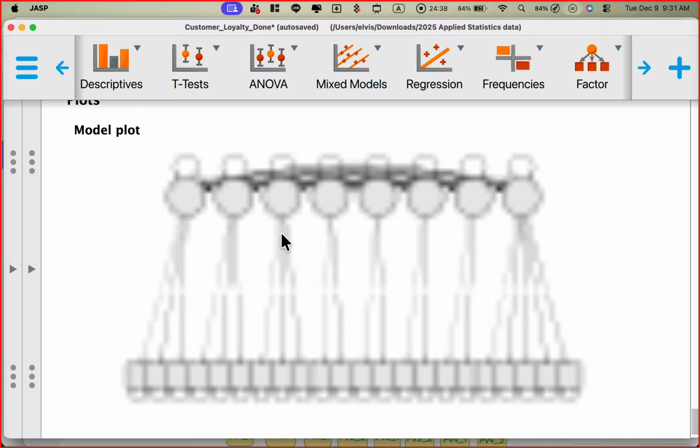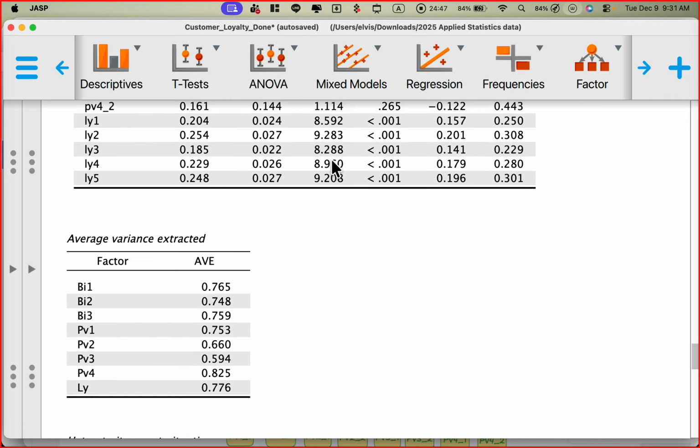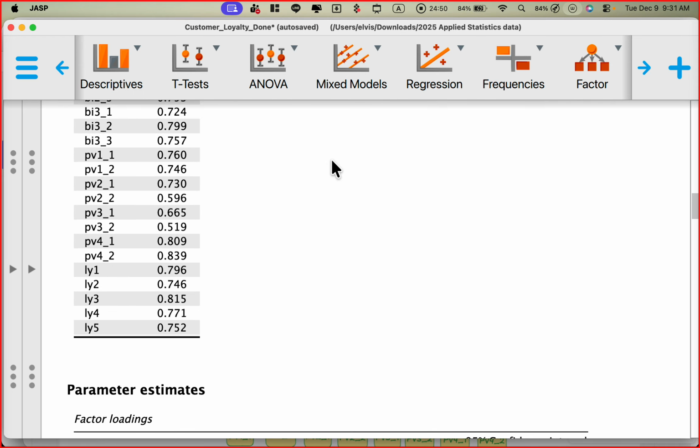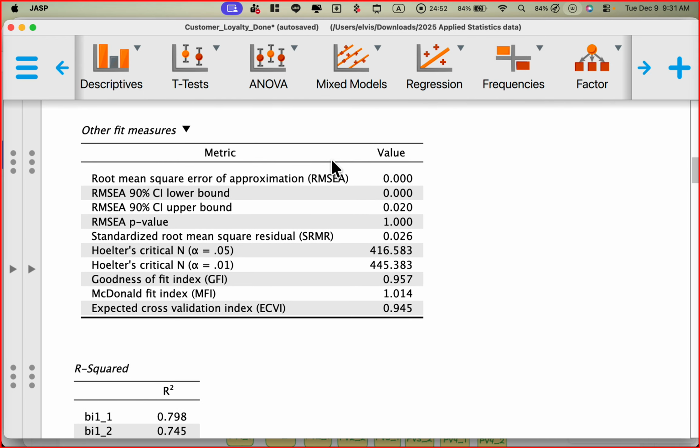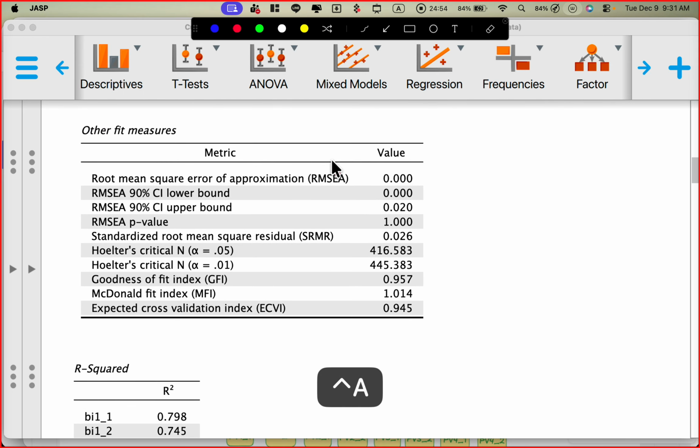Now the confidence interval, CI. Let me move back again. CI stands for confidence interval. We will have two values, the lower bound and upper bound.